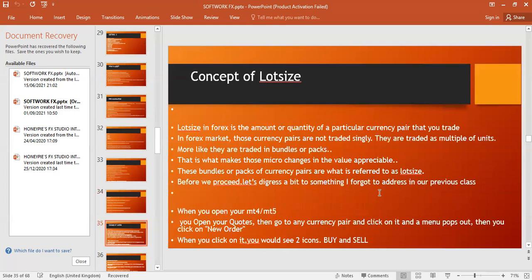And okay, let me talk about the concept of lot sizing. Lot sizing in Forex is the amount or quantity of a particular currency pair that you trade at any point in time. When you're talking about lot size, I like using the concept of land to explain it.